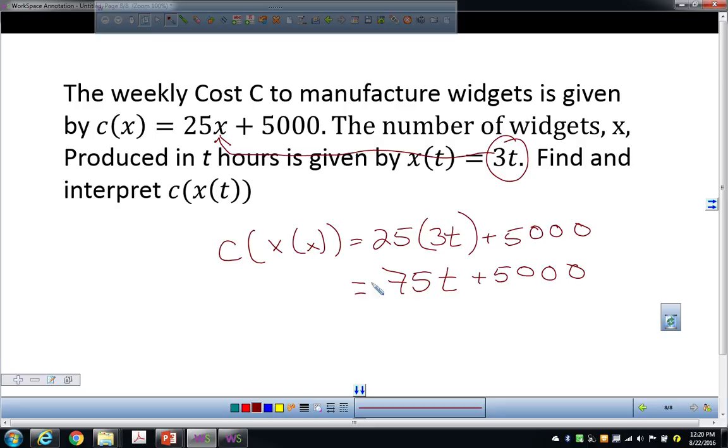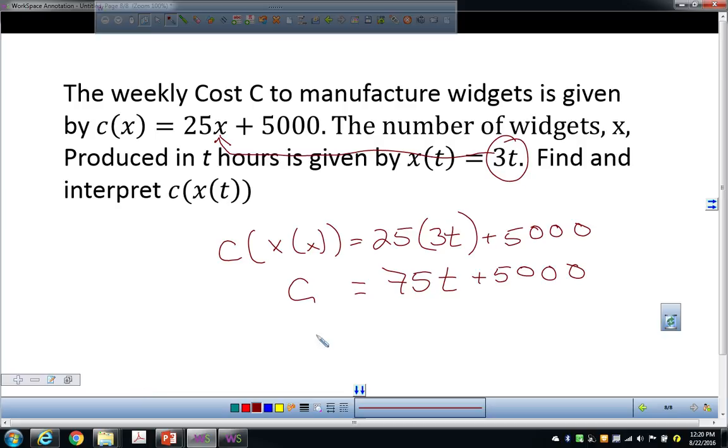How many hours, right? So T might be how many hours you have for production, okay? So if you have so many hours for production, what does C tell you? The cost of producing so many widgets in that amount of hours. Okay, that's what that would be.